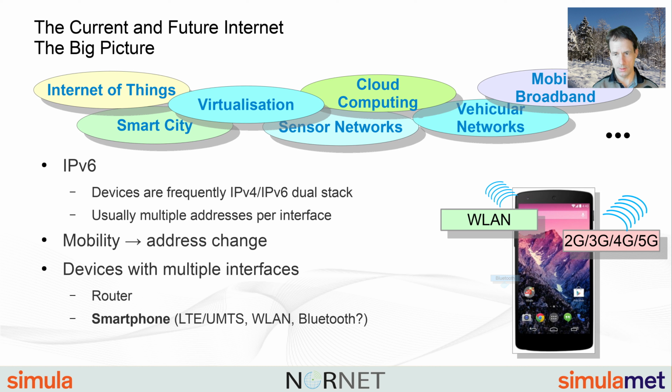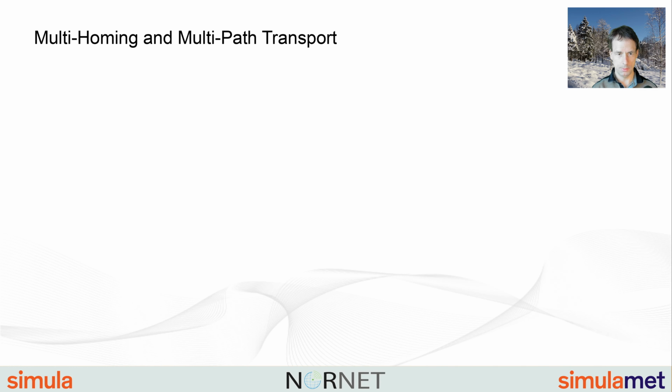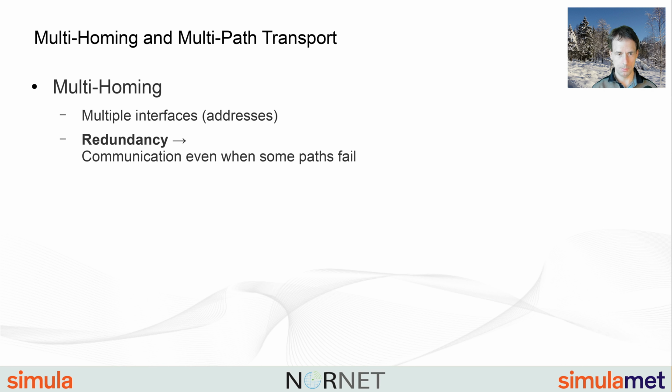As I've said, Wi-Fi, 4G, 5G, 3G, Bluetooth, and the same is of course also true for your laptop, at least if you are not using an Apple device. So usually you have Ethernet as well as Wi-Fi at least in your laptop computer. So that is, you have multiple interfaces, multiple addresses.